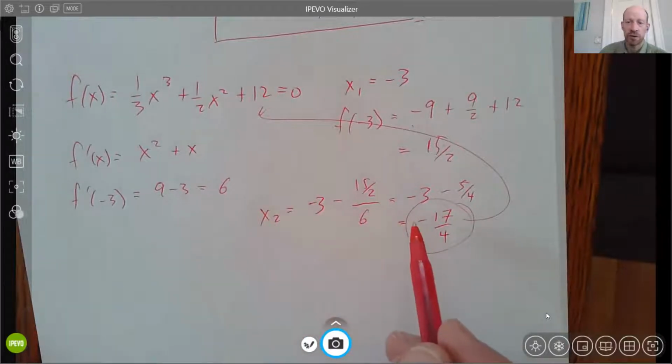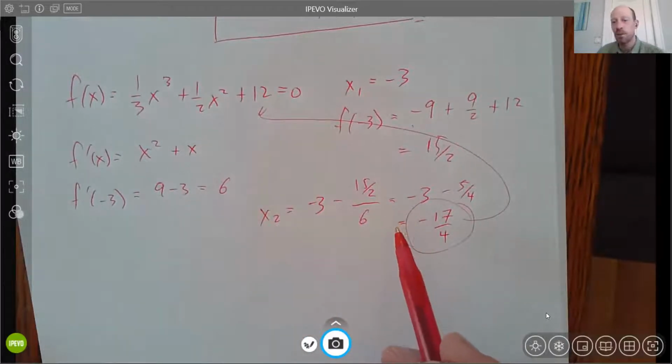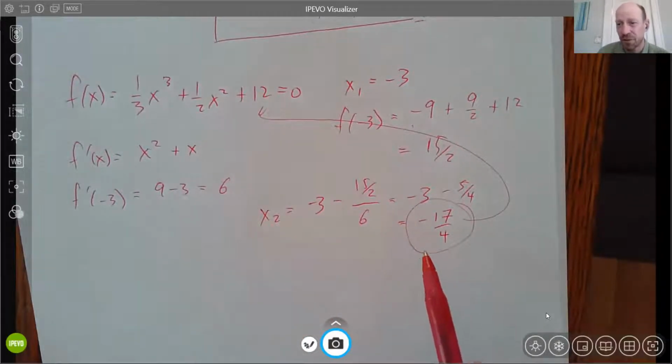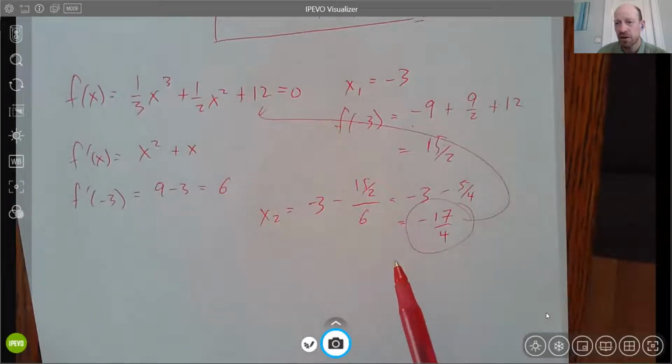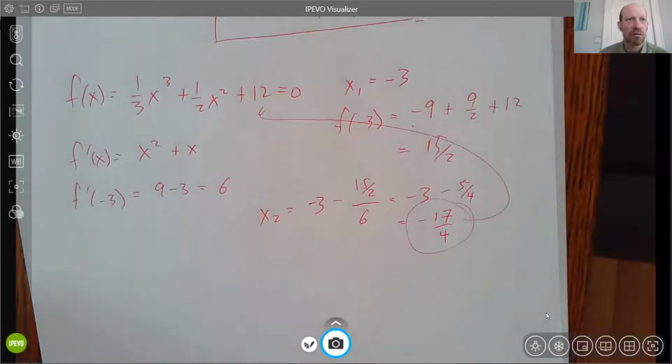And what you would do then in problem 1 is you just repeat the same process with this. But this number now is x2, and that would tell you x3. And you could keep doing that as often as you like. It will begin to converge, and the digits won't change very much because it will be quite close to the actual value. So that's what they're looking for you to do.